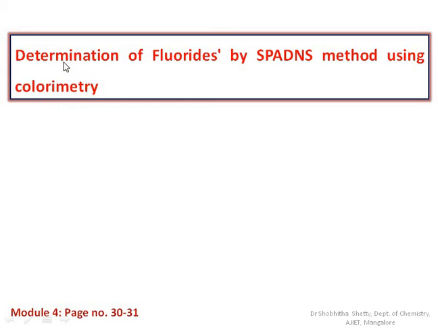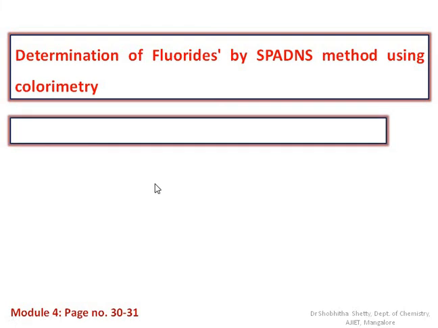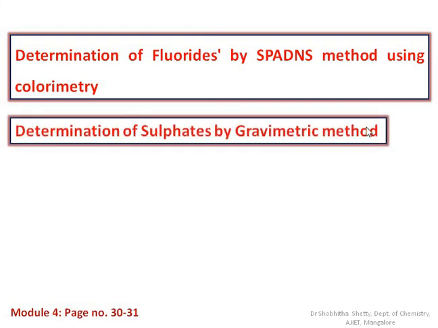So we will be using the colorimeter to analyze the concentration of fluoride ion. A colorimeter is an instrument used to record the absorbance of a solution. And similarly, how are sulfate ions analyzed? Sulfate ions are determined by the gravimetric method. So these two methods we will be discussing in detail.